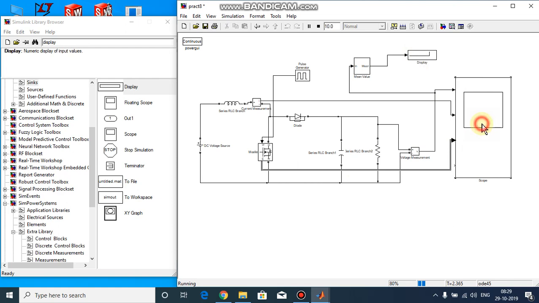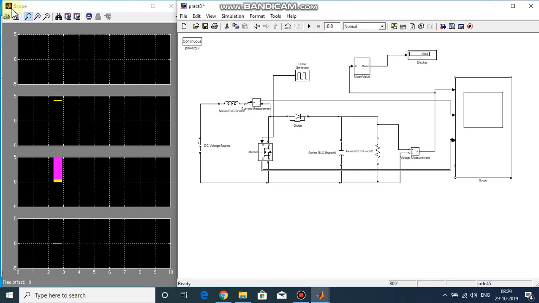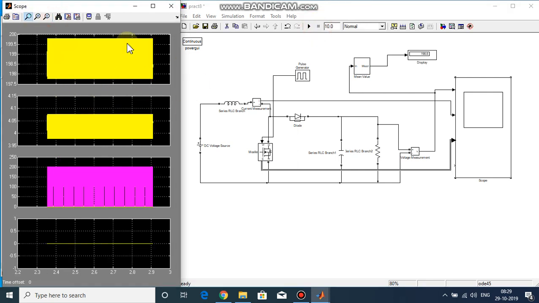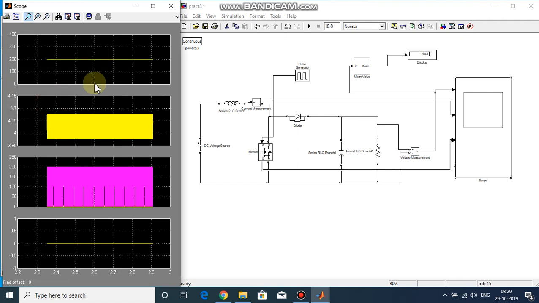Now that I simulate it, I'm getting around 200 volts. Even if I open my scope, I won't be able to see because it's still doing calculations. Okay, so my output voltage is oscillating between 197.5 and 200. Let's change the axis properties to 0 to 400 so it's easier to see.